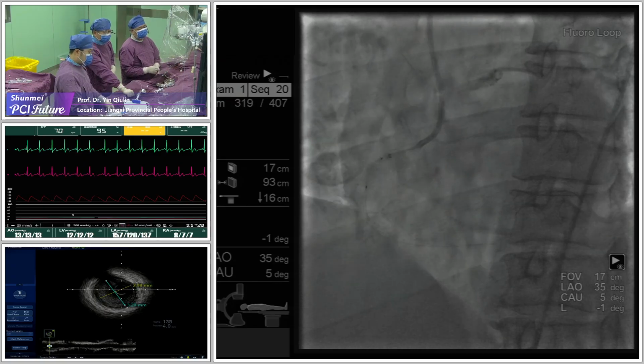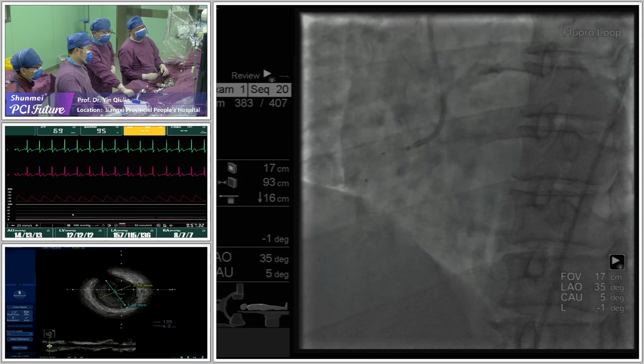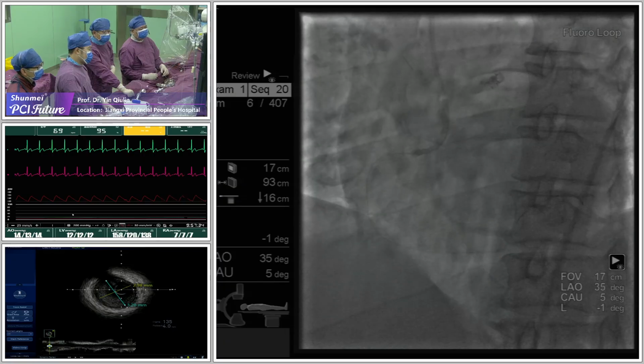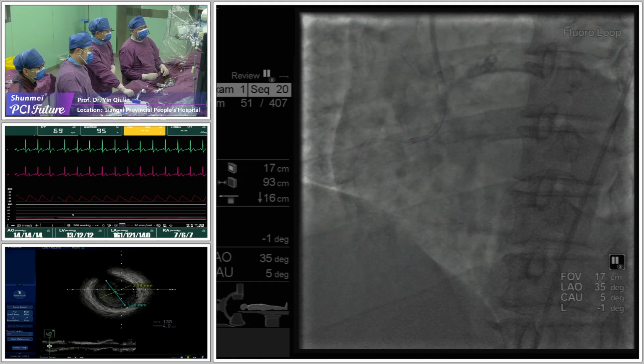But I think in this case, both the antegrade and retrograde wires are in the false lumen. We will check with IVUS later.